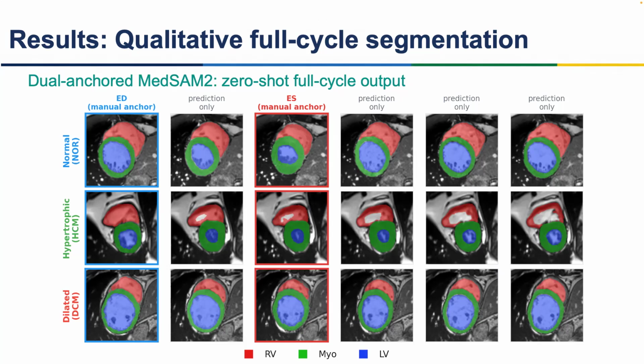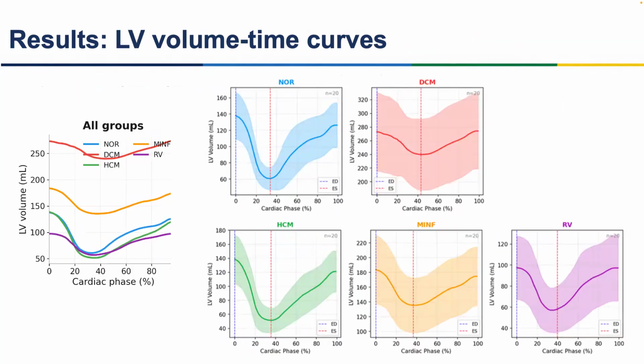Visually, the proposed method maintains coherent right ventricular, myocardial and left ventricular contours through contraction and relaxation. Because ACDC does not provide full cycle reference annotations, this figure demonstrates qualitative temporal continuity rather than quantitative intermediate frame accuracy. The practical value of these intermediate masks becomes clearer when they are converted into ventricular volume curves.